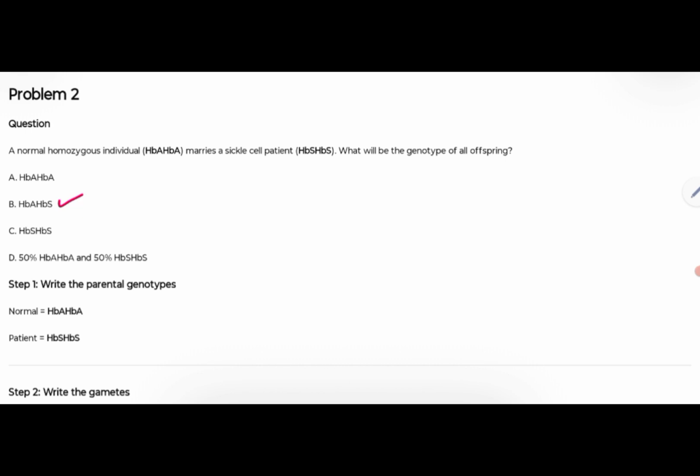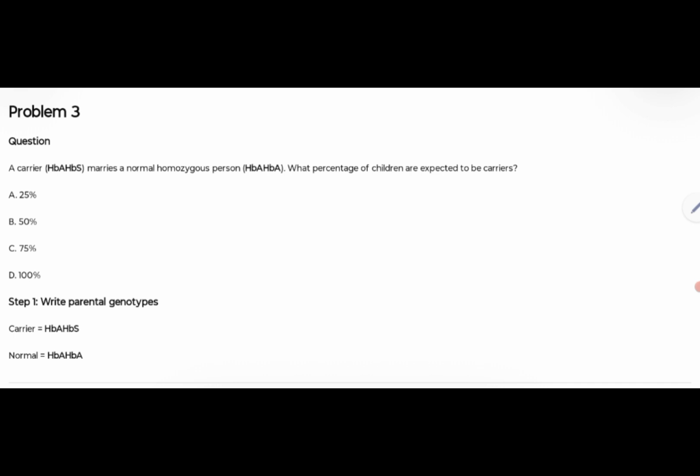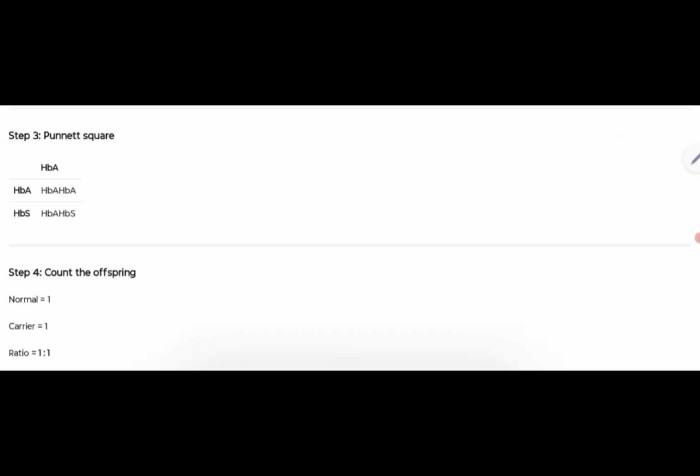Next question: a carrier marries a normal homozygous person, what percentage of children are expected to be carriers? The first step is the genotype of parents. One is a carrier, HBA-HBS, and the other is normal, HBA-HBA. They produce gametes. The carrier produces HBA and HBS, and the normal produces HBA. In the Punnett square, HBA-HBA is the normal person, and HBA-HBS are the carriers.